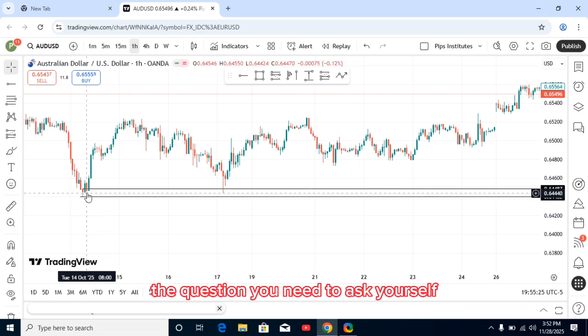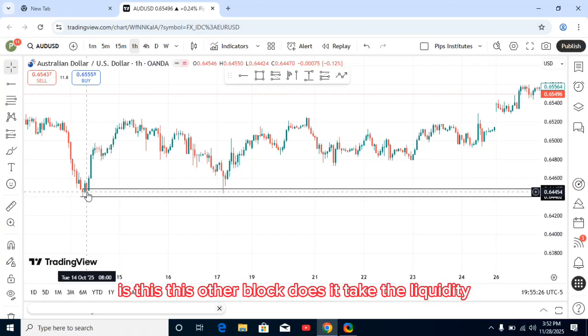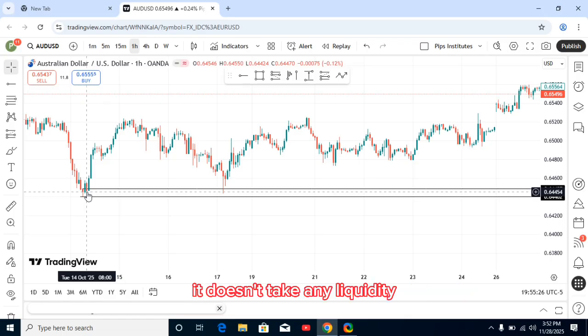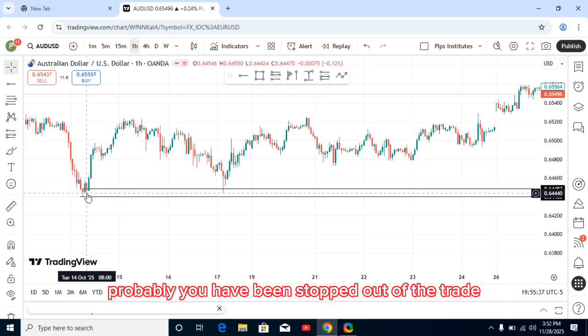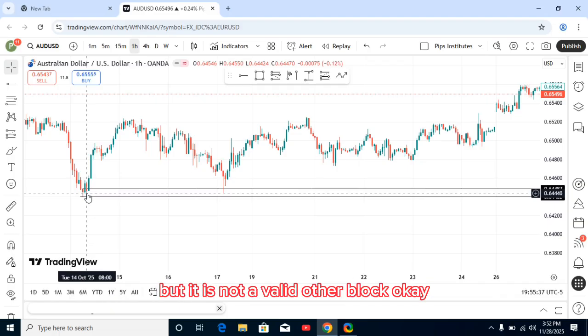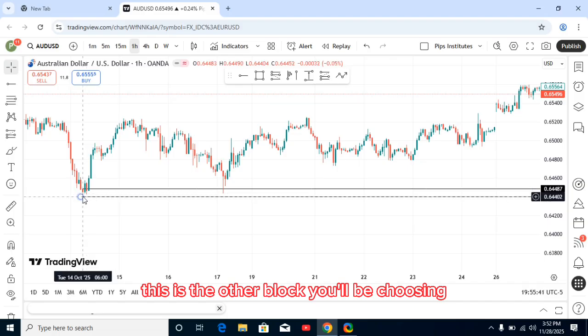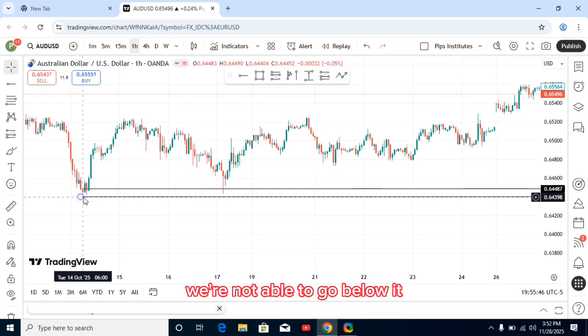No, the question you need to ask yourself is, does this order block take the liquidity? It doesn't take any liquidity. So this bullish candle right here is not a valid order block. If you had used this, you probably would have been stopped out of the trade. This is the order block you'll be choosing: the one that swept every previous candle's liquidity and held it, so that the newer candles were not able to go below it.